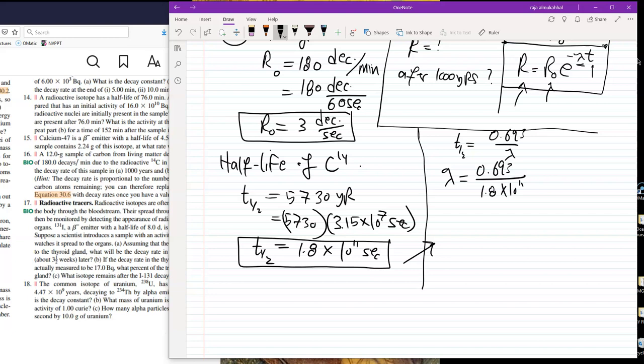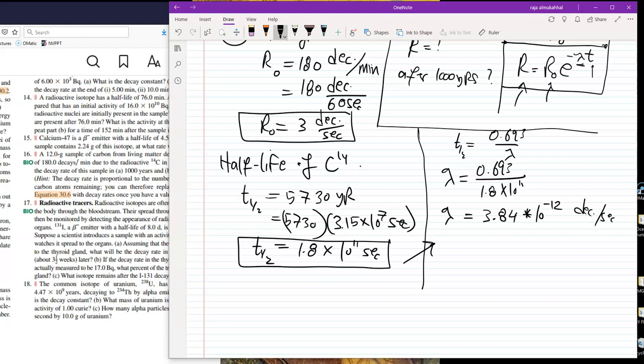And when I do that, I will get, in this case, let's see, times 0.693, answer, if I did it correctly, 3.84 times 10 to the negative 12 decay per second.